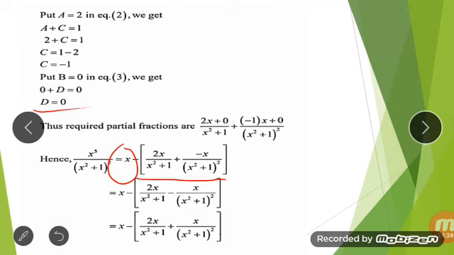You are not going to ignore the bracket. Bracket is necessary. This is 2x, here we'll have minus x, and plus minus minus you will get. Now this bracket should be eliminated. Minus is with this, and minus minus minus results in plus, so there should not be any bracket now. This is the final answer, the resultant partial fraction of this fraction.